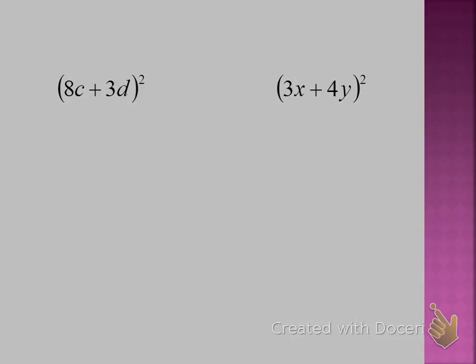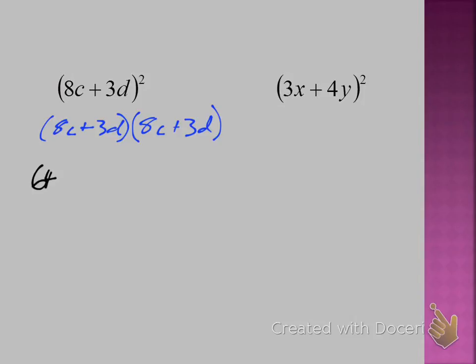This time, go. 8c plus 3d, quantity squared. 3x plus 4y, quantity squared. That's why you write it out twice. So 8c plus 3d times 8c plus 3d. And then FOIL.